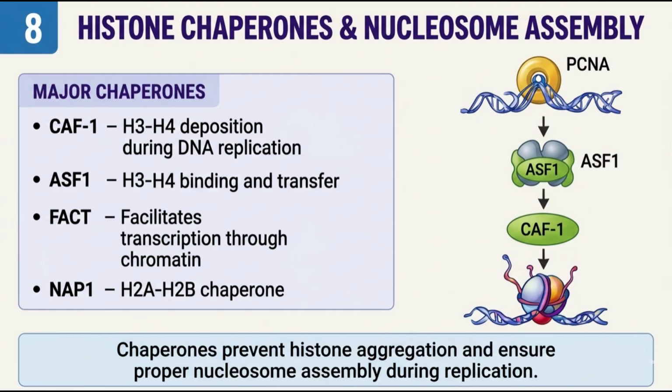CAF1 deposits H3-H4 histones during DNA replication and interacts with the replication factor PCNA. ASF1 transfers H3-H4 dimers, while FACT facilitates transcription through chromatin by temporarily destabilizing nucleosomes. Thus, histone chaperones ensure accurate nucleosome assembly and chromatin maintenance.